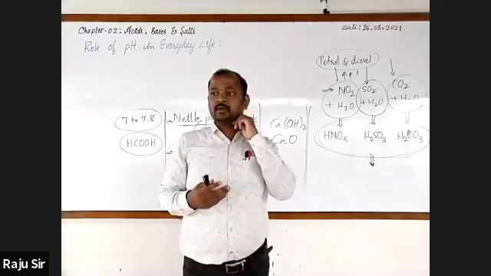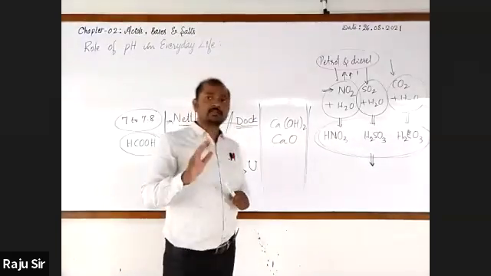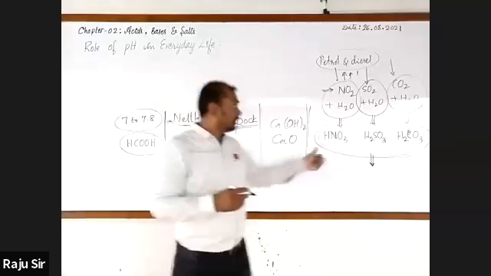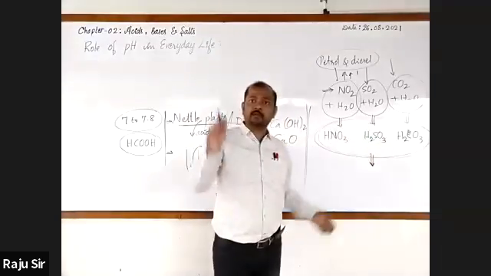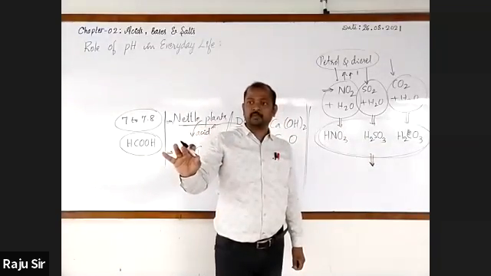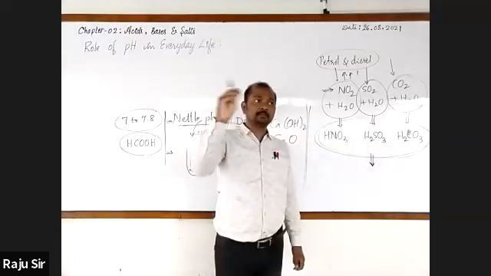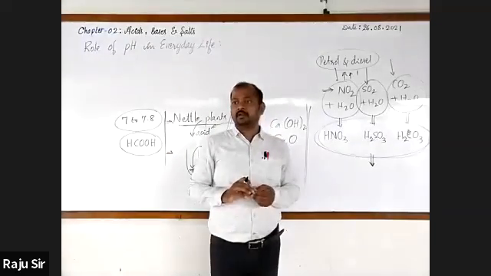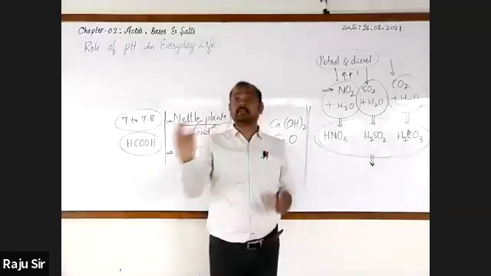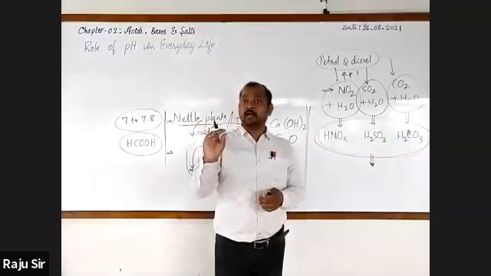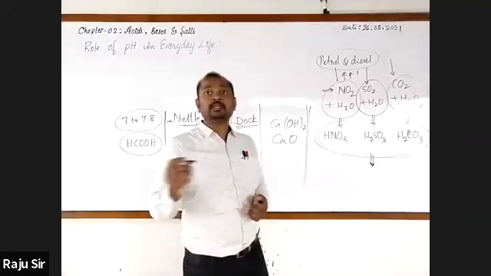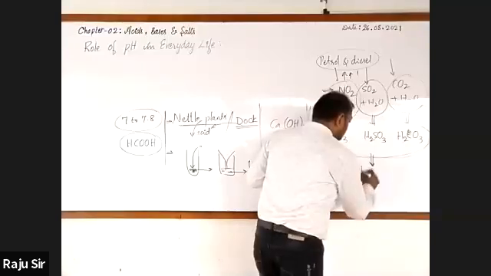But here also pH is responsible. As I said, these acids will always be present in the atmosphere, and these will always mix with the rain. But you cannot consider all that rain as acid rain. To be called acid rain, it will have some pH.